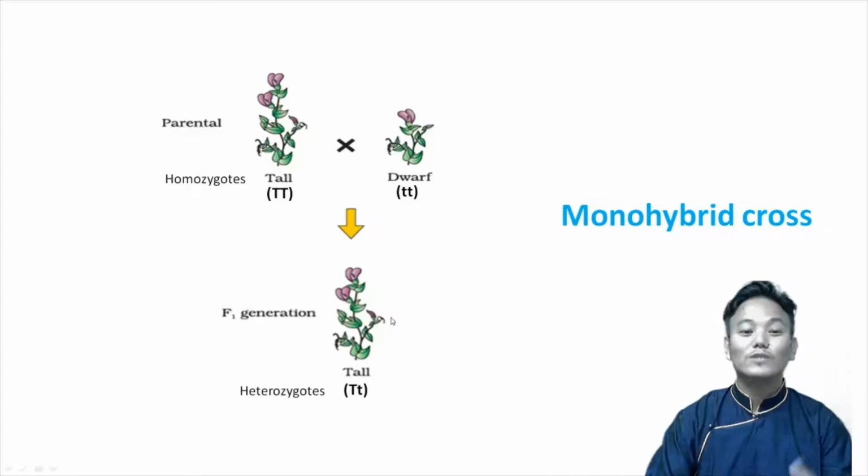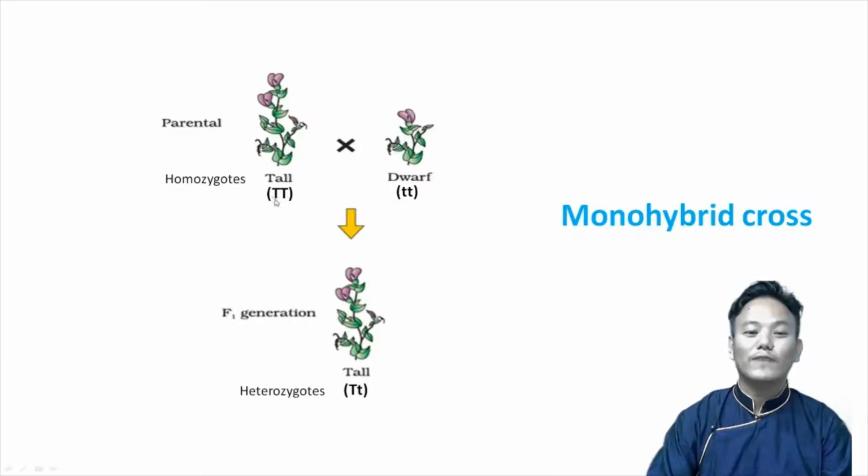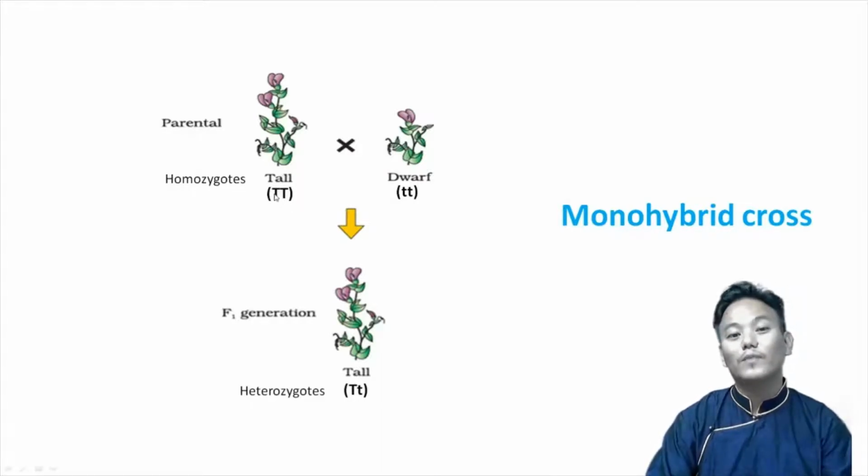The character which is not seen in the F1 generation is said to be recessive. Therefore, we represent the factor which is trying to express itself as a tall phenotype in a capital letter, and the one which is suppressed, we write in small letter.